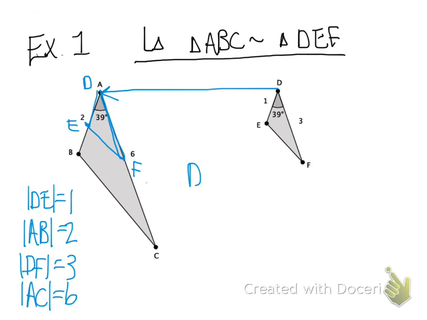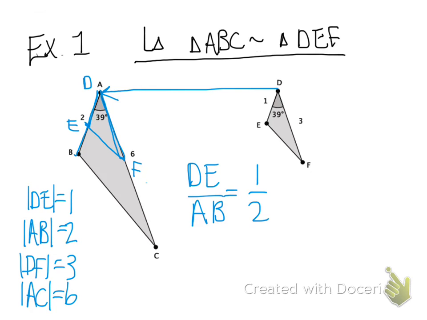Call it DE over AB, and that value is 1/2. We would need that to be the same as the scale factor of the dilation along AB.